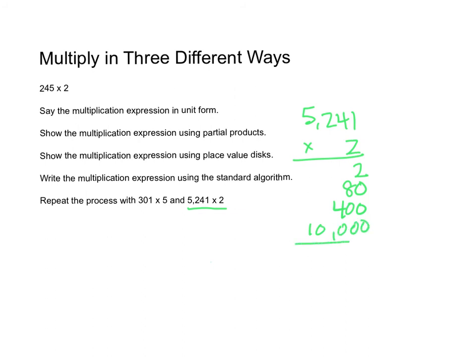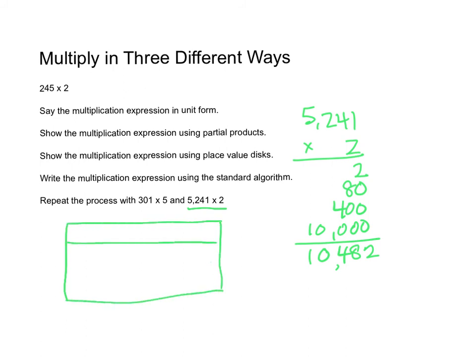So let's see what our answer is, and then we'll see if we can replicate that every time we do it. All right, we will need to draw our box. We'll need to go up to thousands, so it's going to need to have 4 compartments. We've got our ones, our tens, our hundreds, and our thousands.